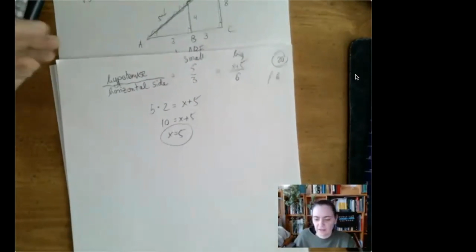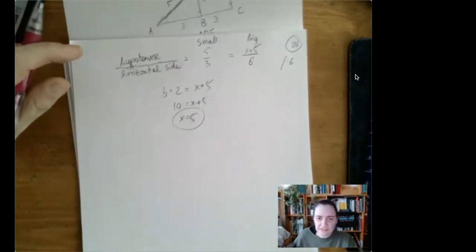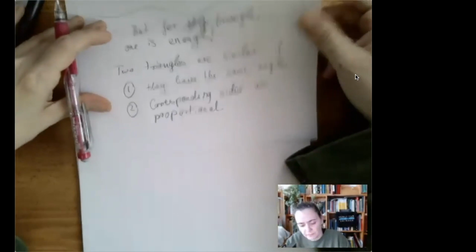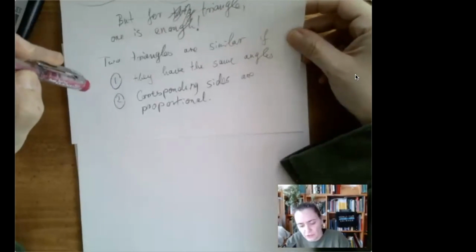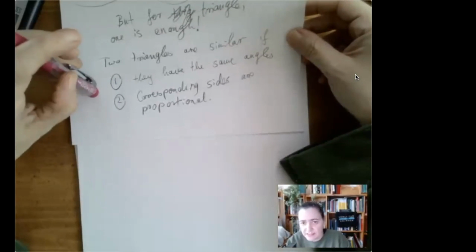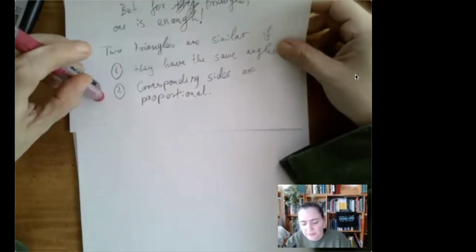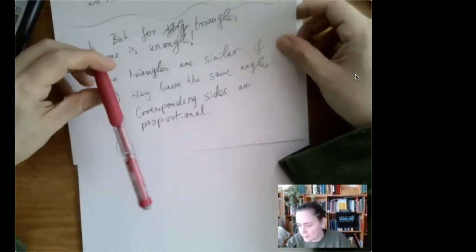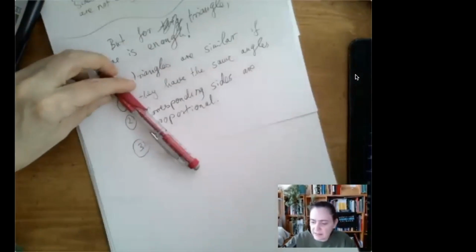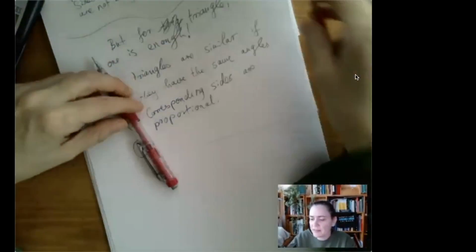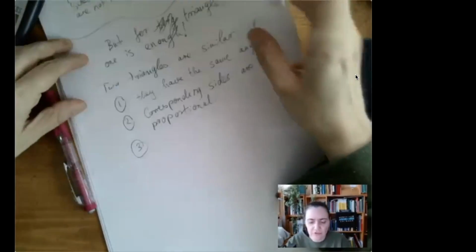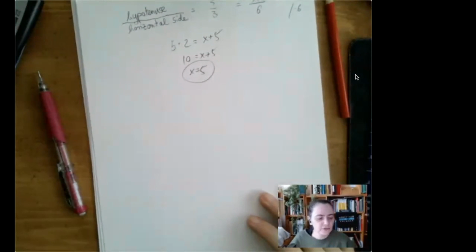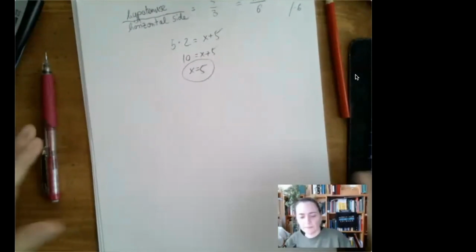Okay. So there is a third case of similarity. Two triangles are similar if they either have the same angles, or corresponding sides are proportional, or, and there is a third case, which goes like this. Let me first appeal to your geometric intuition with congruence. There is a bunch of cases as to when two triangles are congruent.